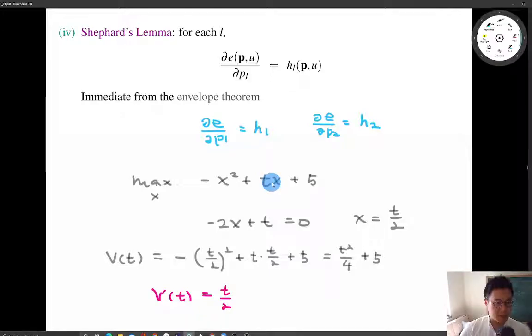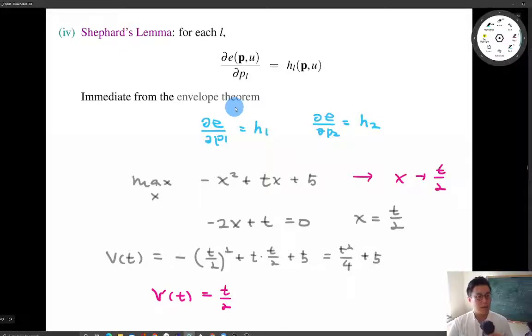Then we have just x, because minus x squared is constant with respect to t, 5 is a constant, and the derivative of tx is just x. Then we plug in the optimal solution for x, that is t over 2. So that is way simpler than taking these steps. We don't have to go through this computation, by virtue of the envelope theorem.